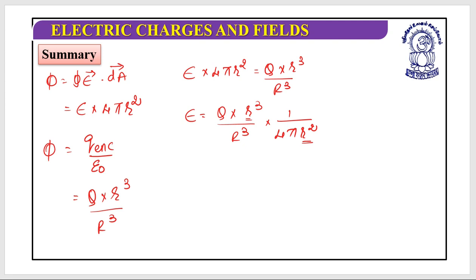Here it is r squared, here it is r cubed, so only r remains. This is equal to Q by 4 pi epsilon naught multiplied by r divided by R cubed.